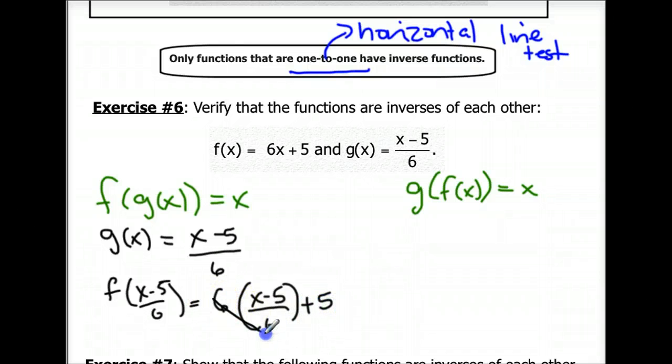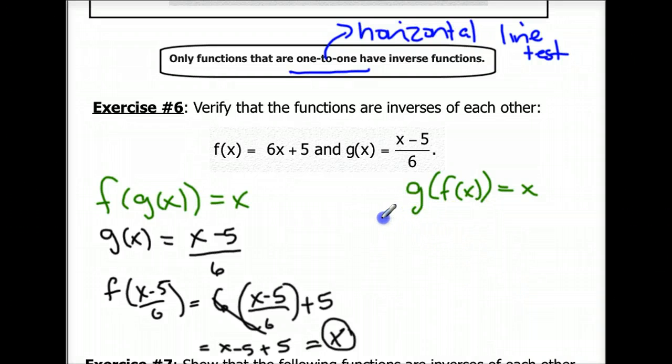My 6s cancel off, and I'm left with x minus 5 plus 5. Minus 5 plus 5 is 0, and I'm left with x, which is exactly what I needed to show. Now, I have to do it the other way.